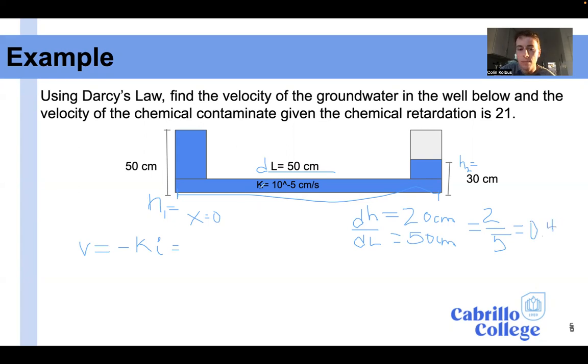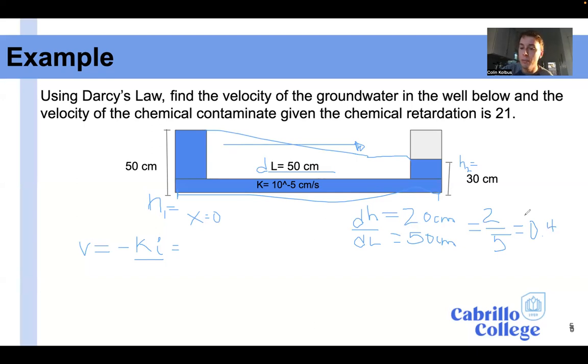And so plugging this into here, we aren't really interested in which direction this is moving in, but we know that it's moving from left to right because things like to move downhill, and we sort of have a hill of water moving downwards to the right. So it's going to flow from left to right. Our K value is 10 to the -5 centimeters per second.